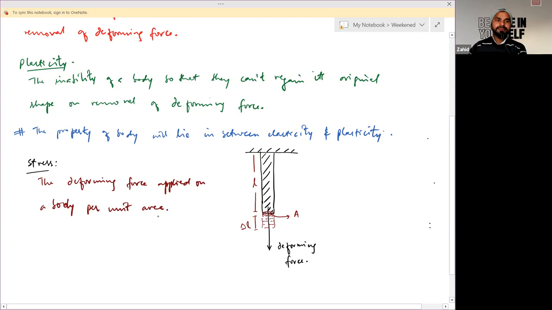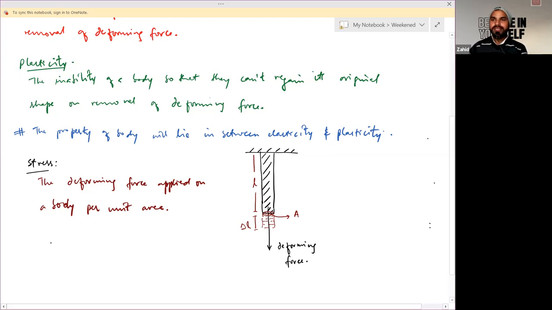There may be an angle between this force and this area. There is no specific direction for these two terms: the force may be normal to the area, or it may be tangential to it.